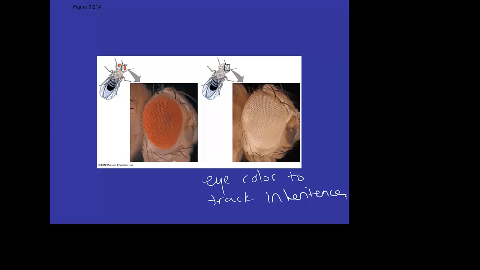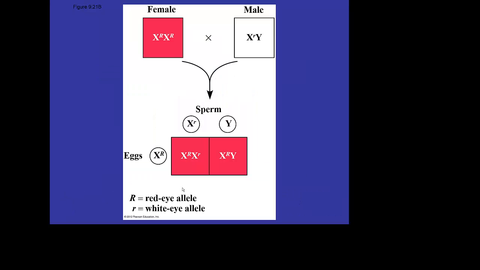So this link to particular X characteristics based on eye color in the fruit fly has been really important for genetics. Now, we can look at different characteristics that give these offspring particular eye colors associated with them.